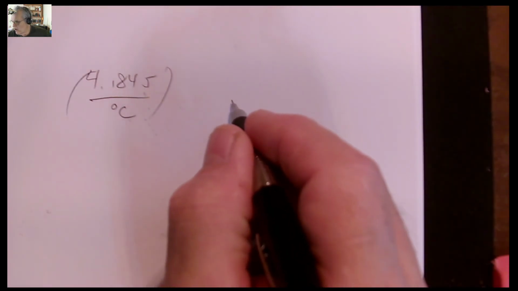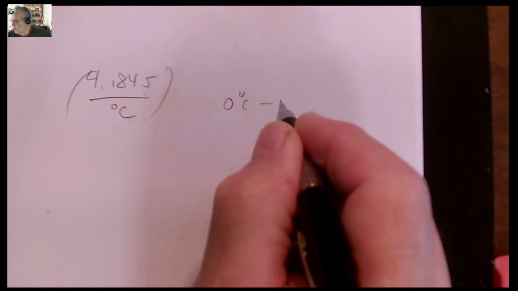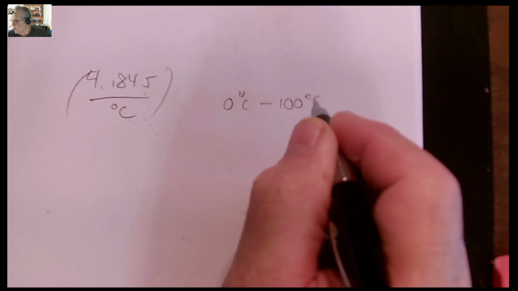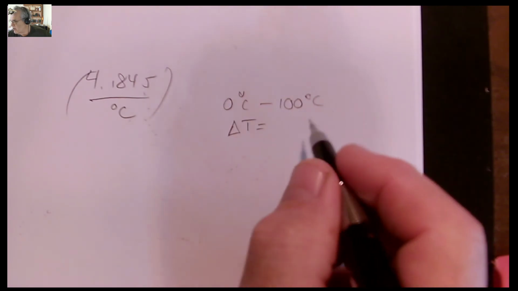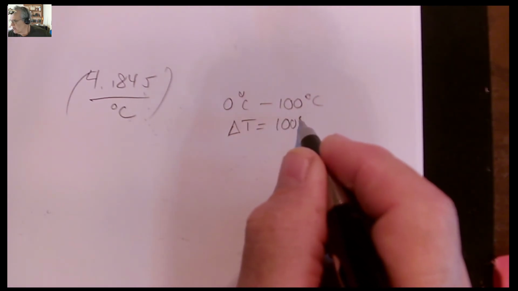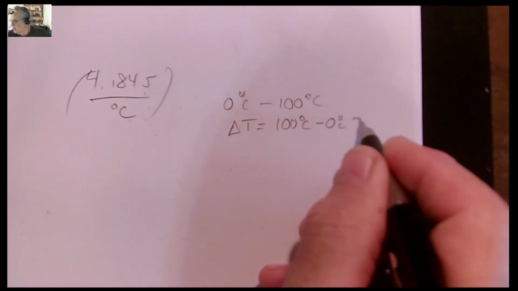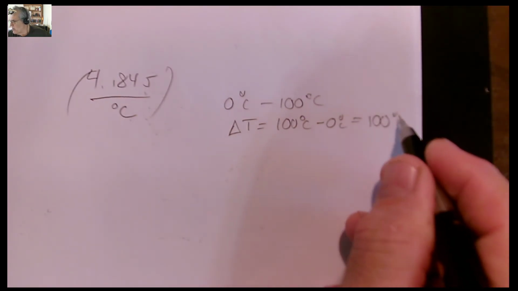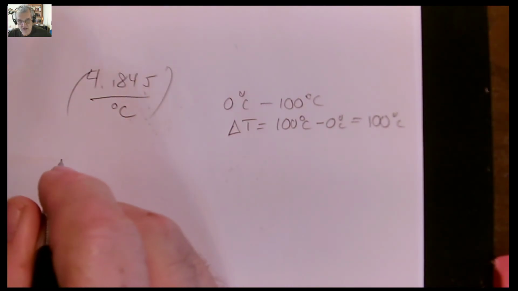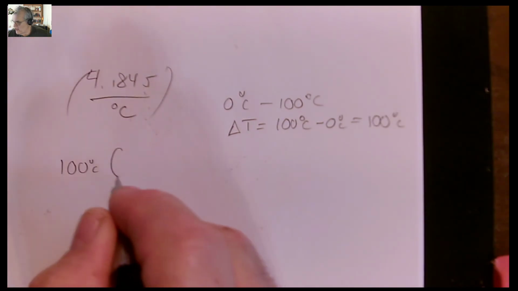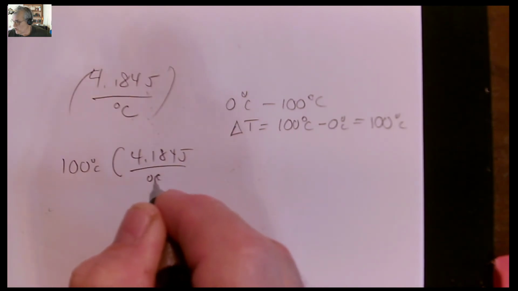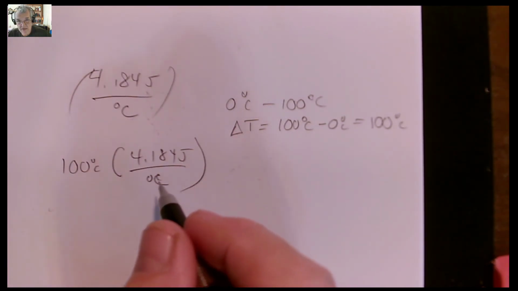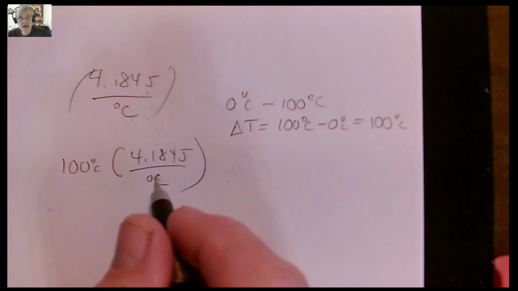So if we're going to go from 0 degrees Celsius to 100 degrees Celsius, the change of temperature is always final minus initial, so that's 100 degrees Celsius minus 0 degrees Celsius, for a total of 100 degrees Celsius change. So if I take 100 degrees Celsius change times my 4.184 joules per degree Celsius, we can use degrees Celsius and not have to use Kelvin, simply because a 1 Kelvin change is a 1 degree Celsius change.